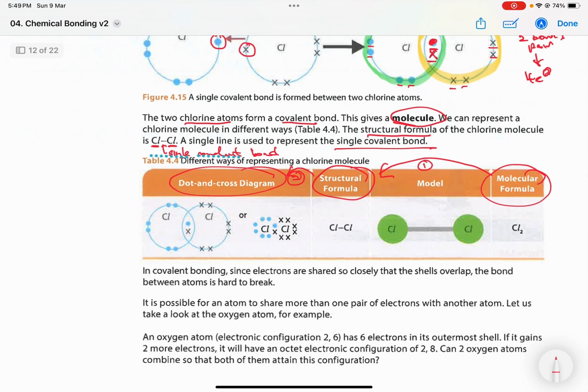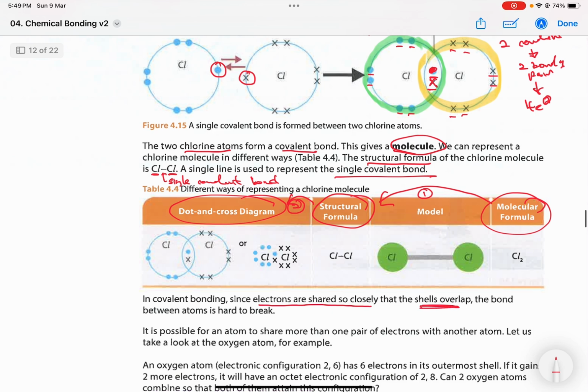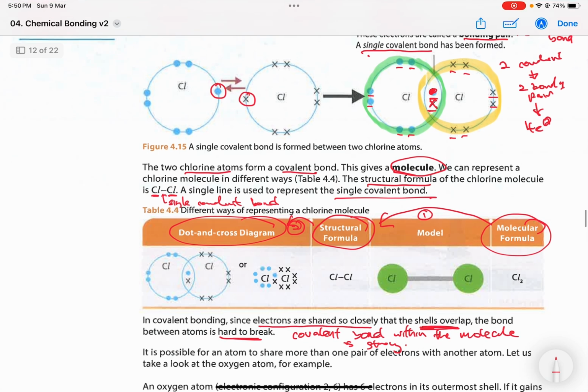In a covalent bond, since the electrons are shared so closely that the shells overlap, the bond is very hard to break. So your covalent bond within the molecule is strong. And it's not just about overlapping. If you think about it, something is holding the electrons here, right? So what is holding it? Think of it like a handshake.